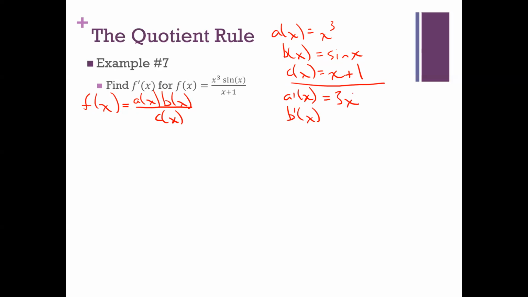3x squared. Cosine x. All right, so from there, what's the derivative of the numerator going to be? 3x squared sine of x plus x cubed cosine x.